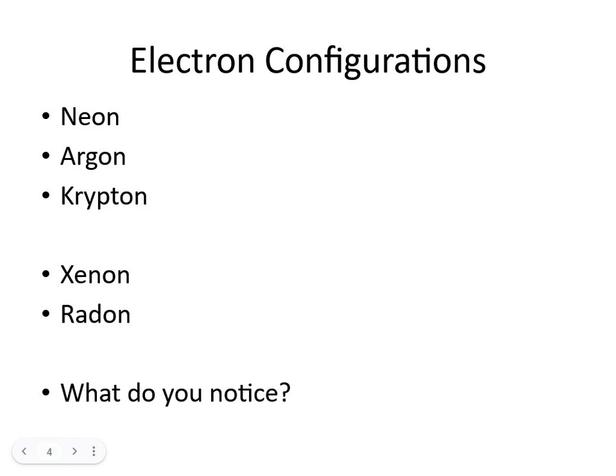I'm going to start by doing regular electron configurations, and I'm just going to go quick because I think I highlighted this pretty well yesterday. So we've got neon. Neon has 10 electrons, so that's going to be 1s2, 2s2, 2p6 for my electron configuration here.